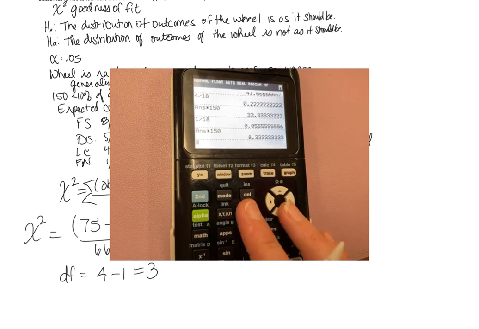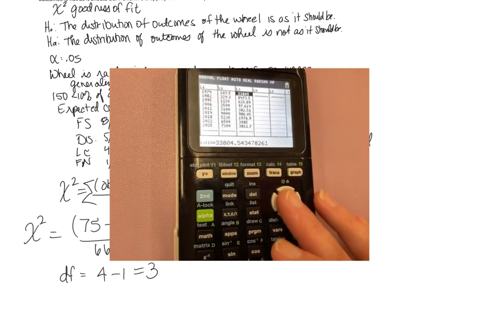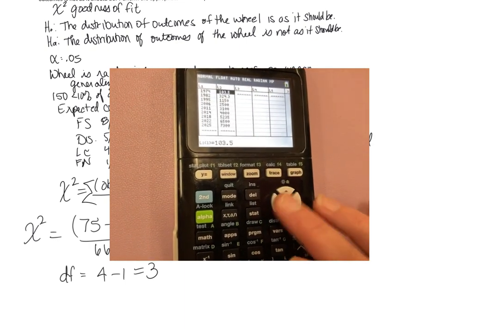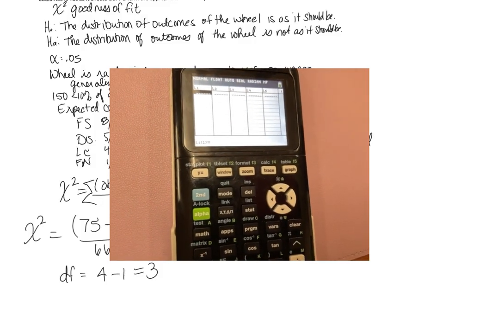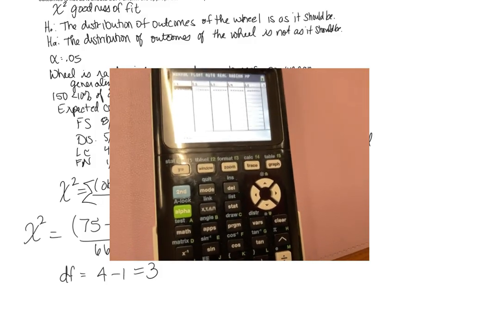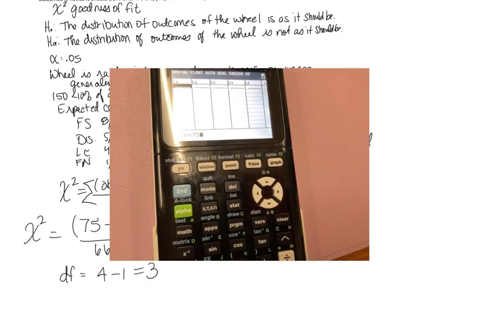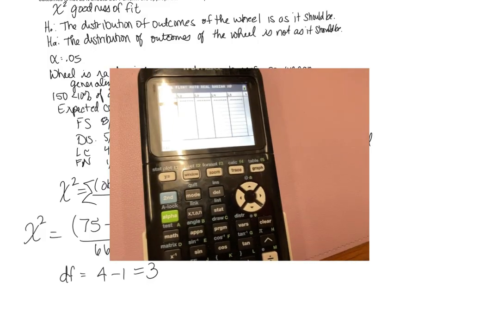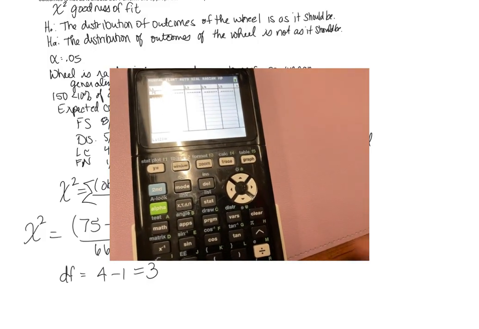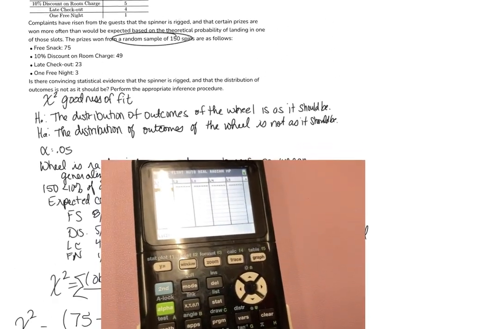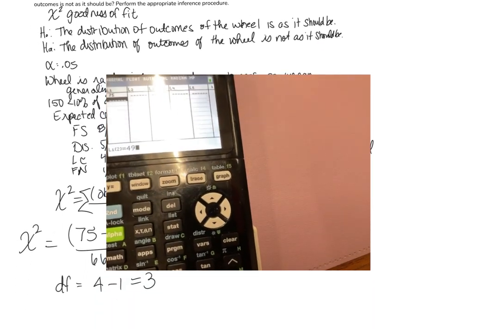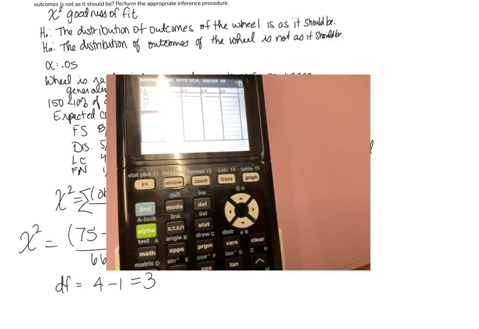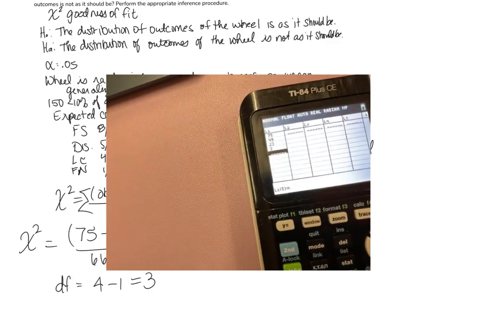Okay, so in my list, I'm just going to clear everything out. I have my observed in list 1, so 75, 49, 23, and 3. Okay, so those are all in list 1.